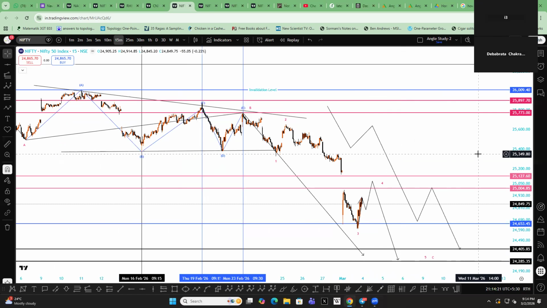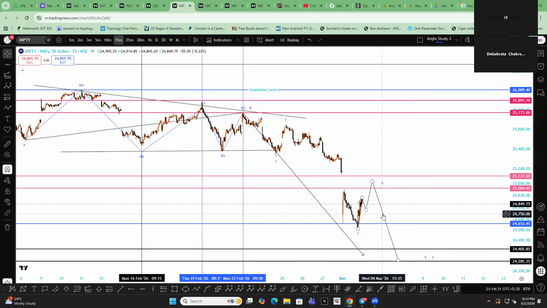This level is the temporary support for the market. Why am I calling it a temporary support?